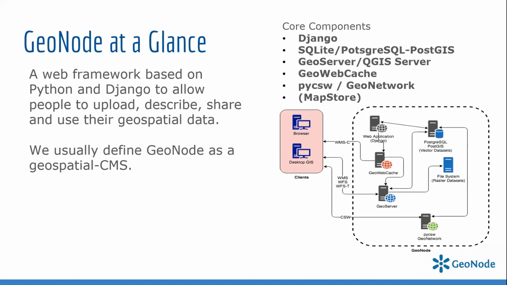Of course, GeoNode is a sort of middle way between a very easy content management system, a standard web content management system, or a desktop GIS, and a geospatial server or geospatial catalog like GeoServer and GeoNetwork.